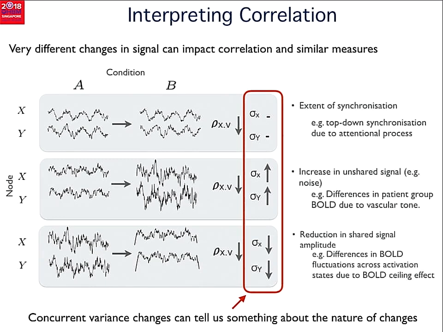One key additional piece of information we might use is the variance of the signals we're measuring. So in these scenarios I've described, for example, an increase in measurement noise level will often correspond to an increase in the variance of our signals due to the increased noise. It may be useful to use this information to disambiguate the potential sources of changes in functional connectivity.